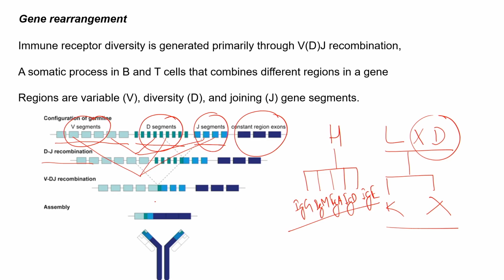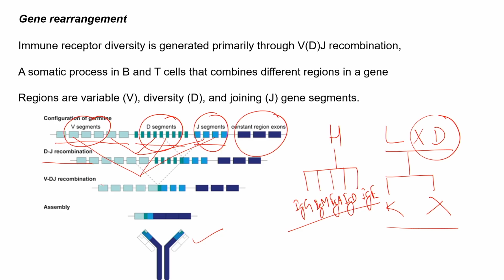So ultimately the meaning here is that the genes have different segments, and out of all these combinations, one successful combination can make a very viable antibody or immunoglobulin. The variation in the immunoglobulin chain will depend upon how many segments are there in the variable region.